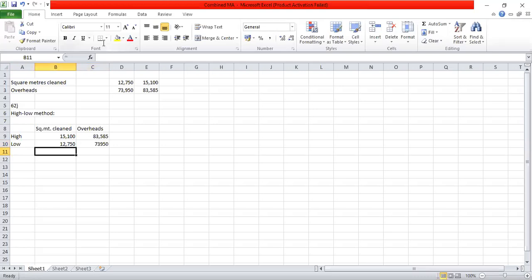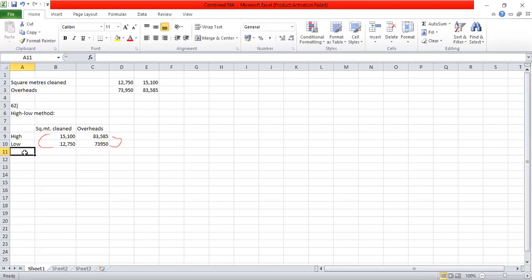So what does it indicate? When the activity was 12,750, cost was 73,950. When the activity moved from 12,750 to 15,100, the cost also increased from 73,950 to 83,585. So we see that when the activity changed, the cost also changed.